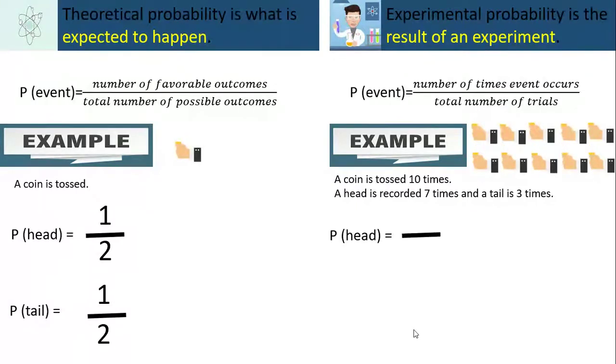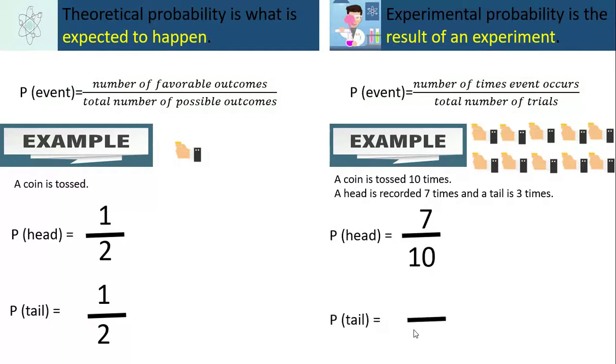If we will get the probability of getting the head, the total number of trials is 10, while the recorded times that head occurs is 7. Therefore, the probability of getting a head is 7 over 10.